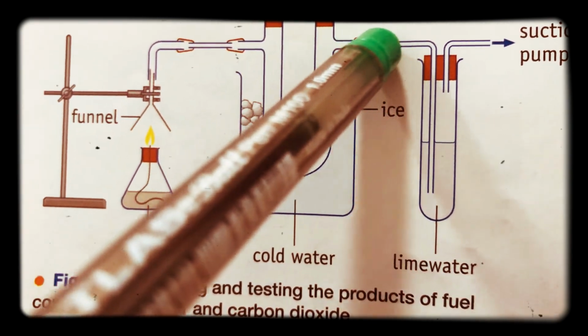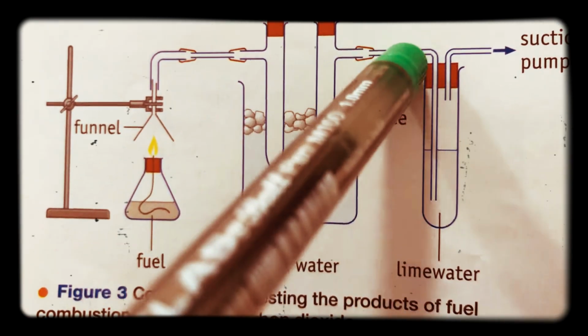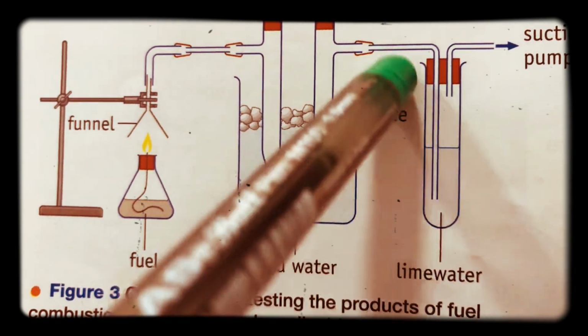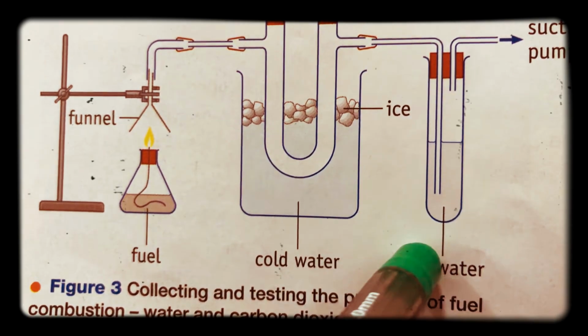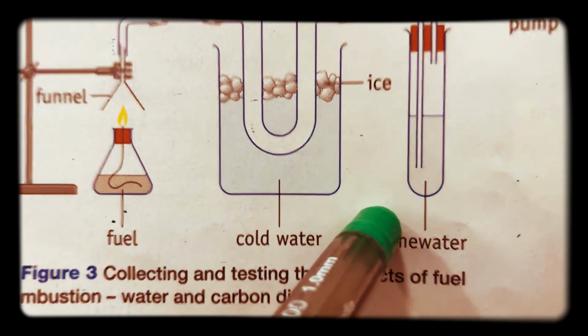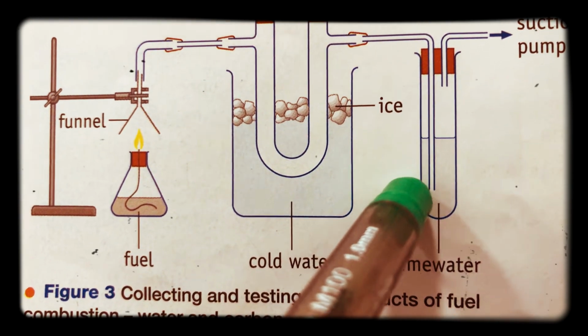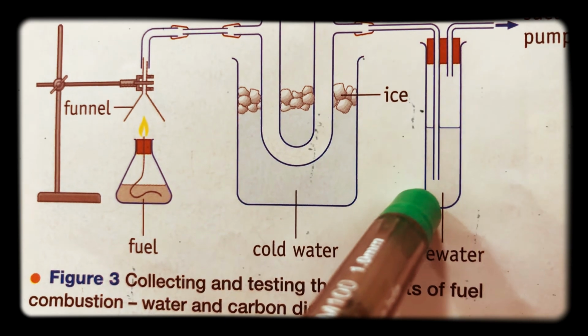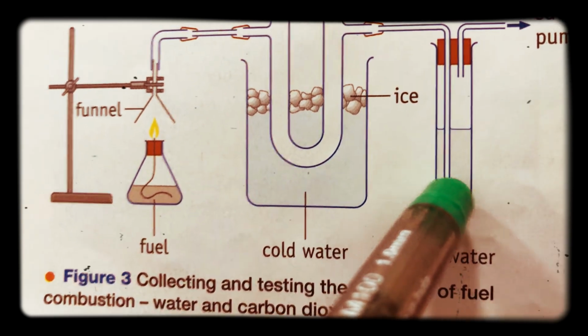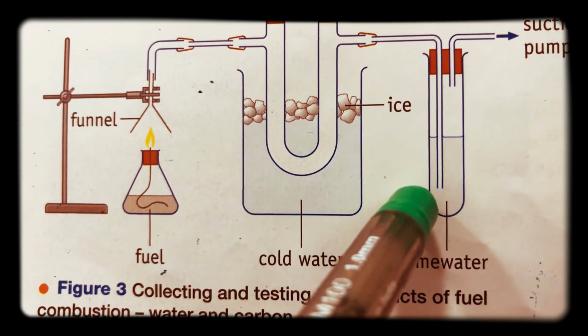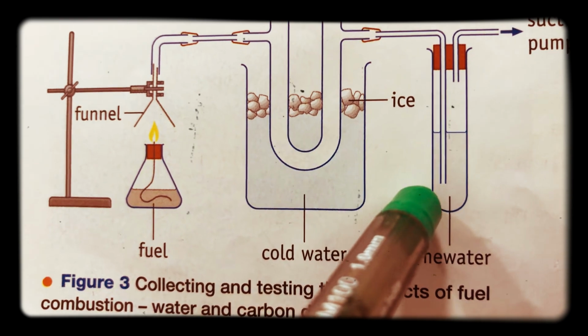The other gas that forms is carbon dioxide, and that does not solidify, it does not liquefy. It keeps going through the suction pump, which forces the products through, and here's lime water. We've met lime water in a previous video. The lime water will turn from colourless to a cloudy, milky white colour, and that's our chemical test for carbon dioxide.